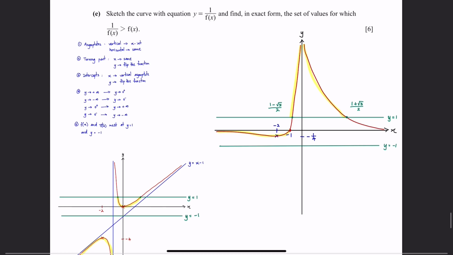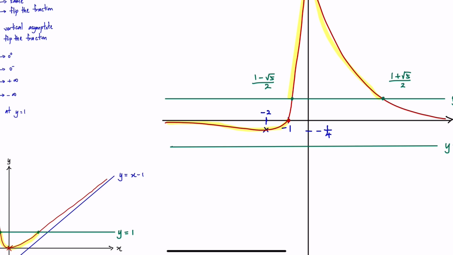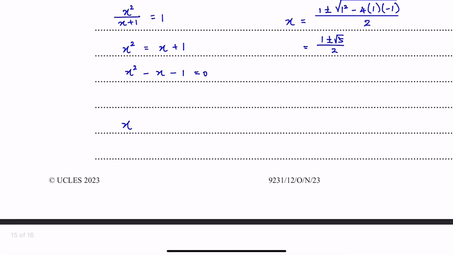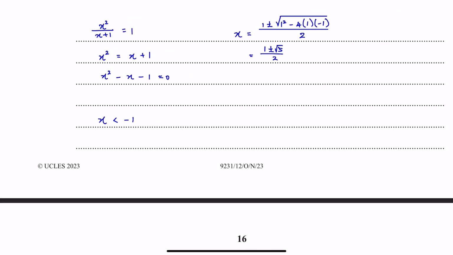And we would need to just write the set of values. So for this area, it is basically x less than negative 1. So let's just write it down: x less than negative 1.